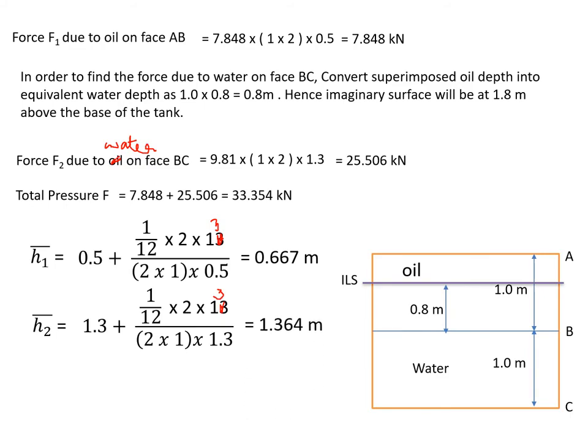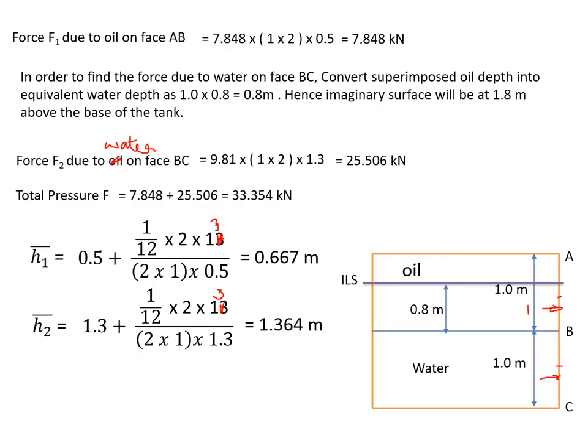So now I want to find out the position of F from this surface. So now I have determined, CG is here, so therefore I got F1. So similarly CG is here, so I will get somewhere here F2.